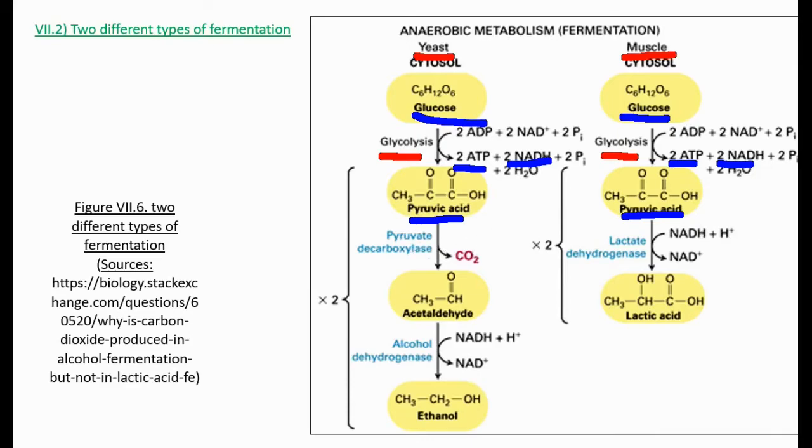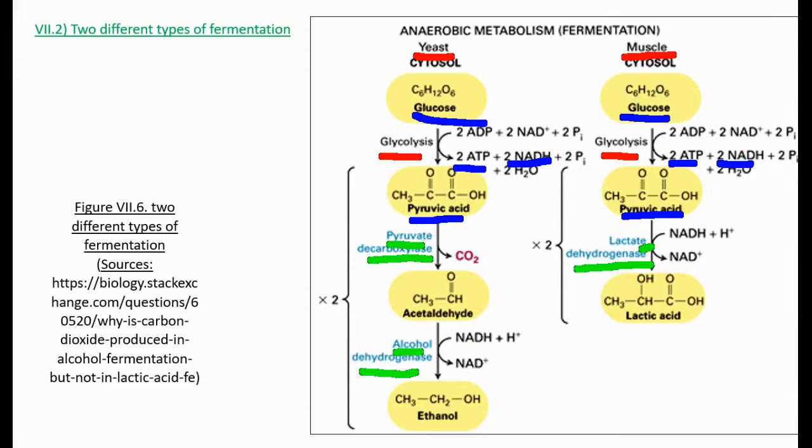So you remember enzymes speed up reactions. In this case, we've got pyruvate decarboxylase and alcohol dehydrogenase, and in this one, lactate dehydrogenase. These different sets of enzymes, which will be present in either the cytosol of yeast or the cytosol of muscles, will imply different reactions.